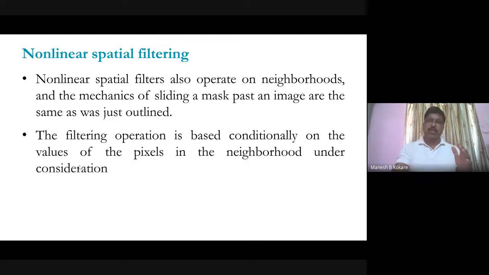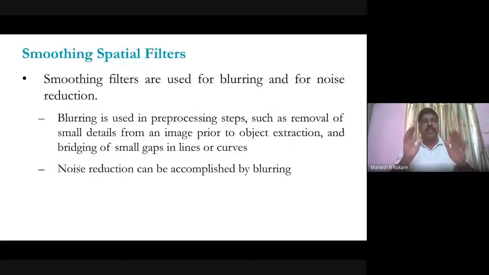As I told you, the low pass filter is particularly used for smoothing or blurring the image, or removing noise. We'll first see the result of simple averaging, or linear filtering, and after that the result of nonlinear filtering. Smoothing filters are used for blurring and noise reduction.